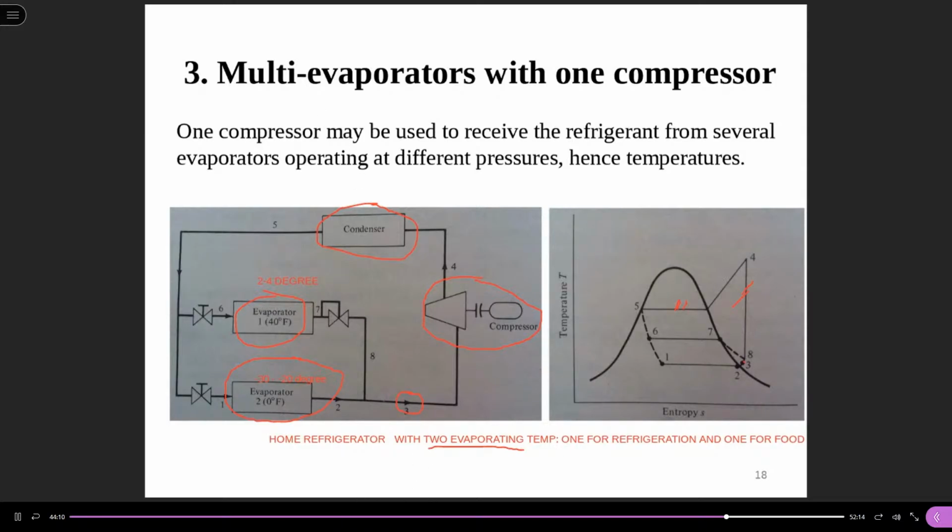Then if we want to achieve different evaporating temperatures, it's very important for us to have different expansion valves, throttling valves.